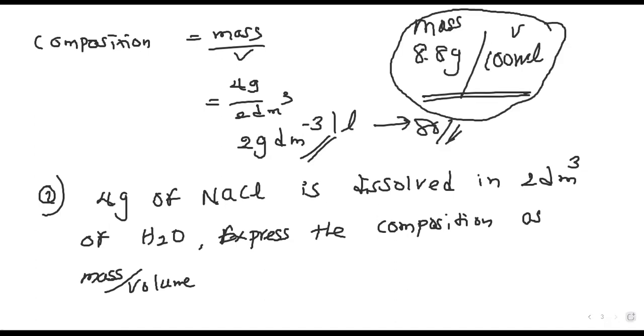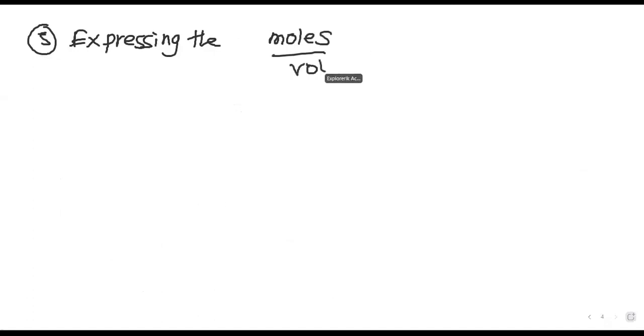And then the next method, the fifth method of indicating the composition, is expressing the composition of a liquid mixture in terms of moles over volume.